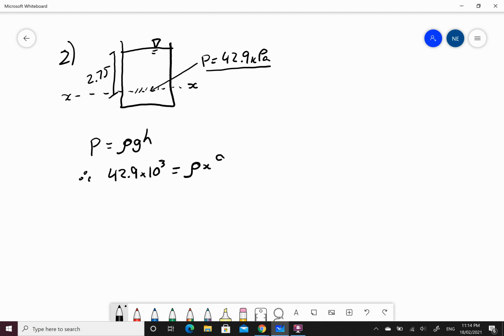Rho by 9.81 gravity by the height. Rearrange to find the density, therefore density is equal to 1590 kilograms per meter cubed. Easy. Alright, so nice easy way to rearrange the formula.